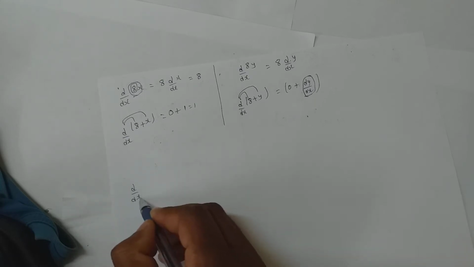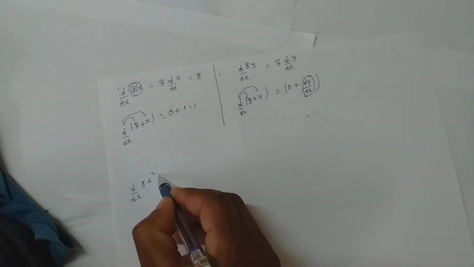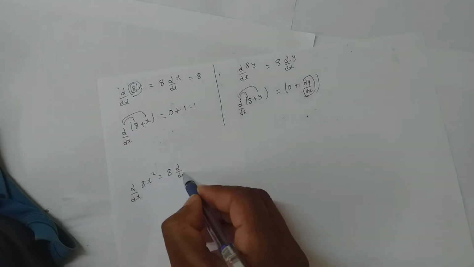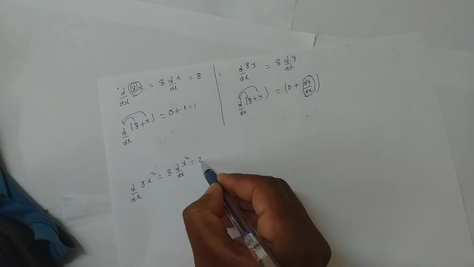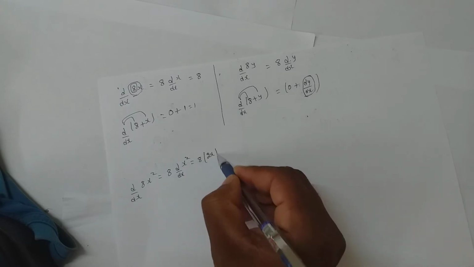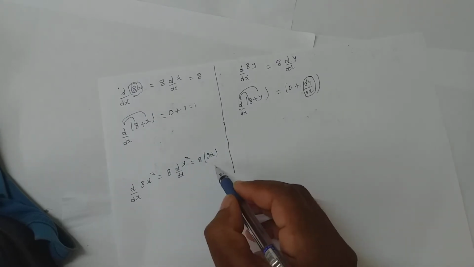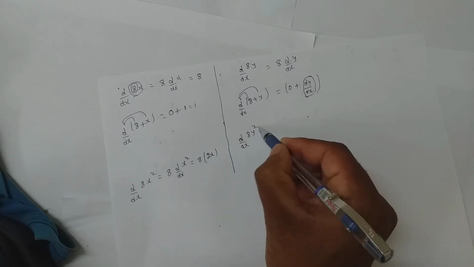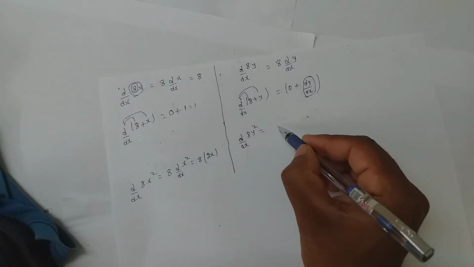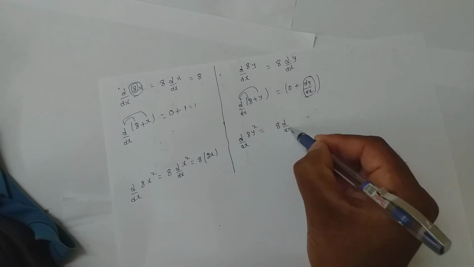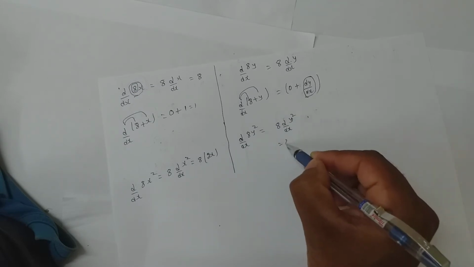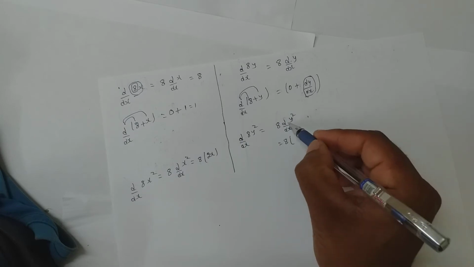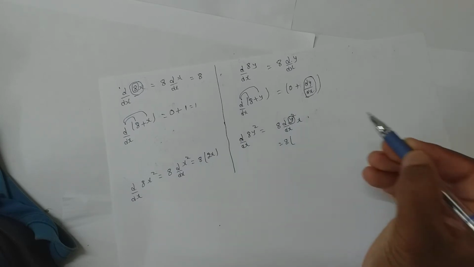Yeah, look at one more example. If it is d by dx of 8x square, how much do I get? 8 comes out, d by dx of x square. D by dx of x square is 2x. Sum completed. Now if the same thing is with 8y square, first 8 will come out, d by dx of y square. Again I cannot differentiate y square directly, I assume it to be x first.